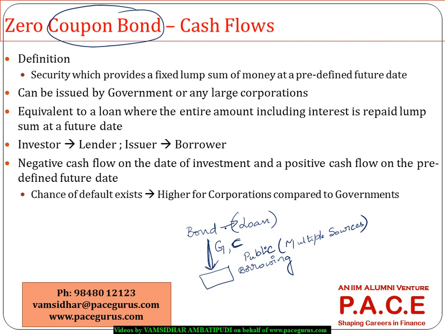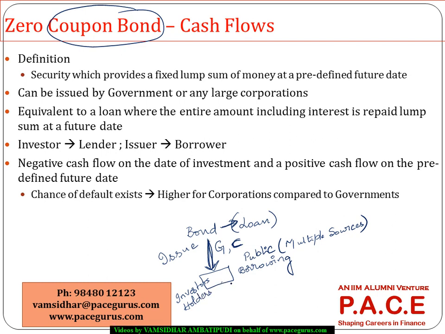So instead of directly taking a loan from the bank, they can issue a bond and raise capital. Now the people who are investing in that particular bond are called investors or even the holders of that bond.